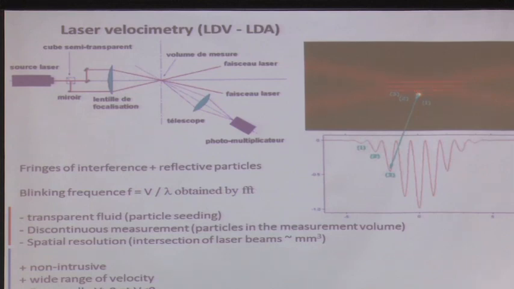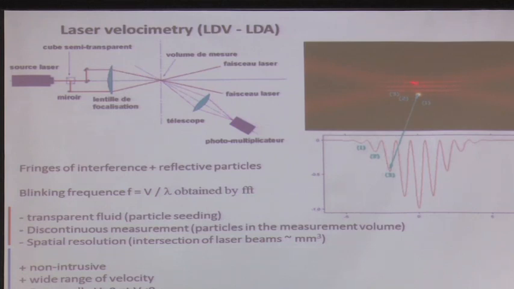You have one beam which is coming, and then it is split. The same beam is split and shining the same volume. So you have the intersection between two laser beams that will generate a volume, and in that volume, because you have two laser beams coming from the same laser source, the light is coherent, and then you can make interference. Interference is what you see here.